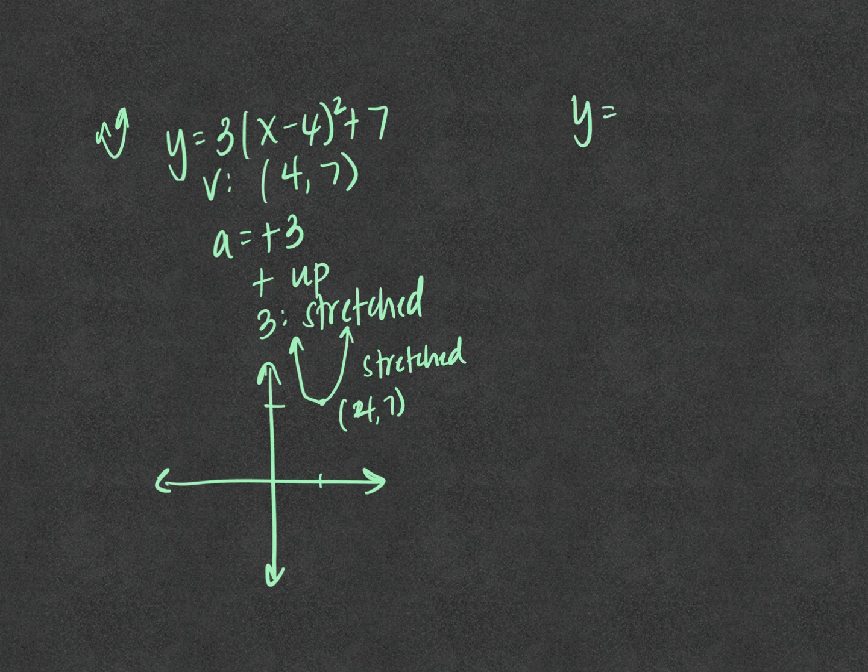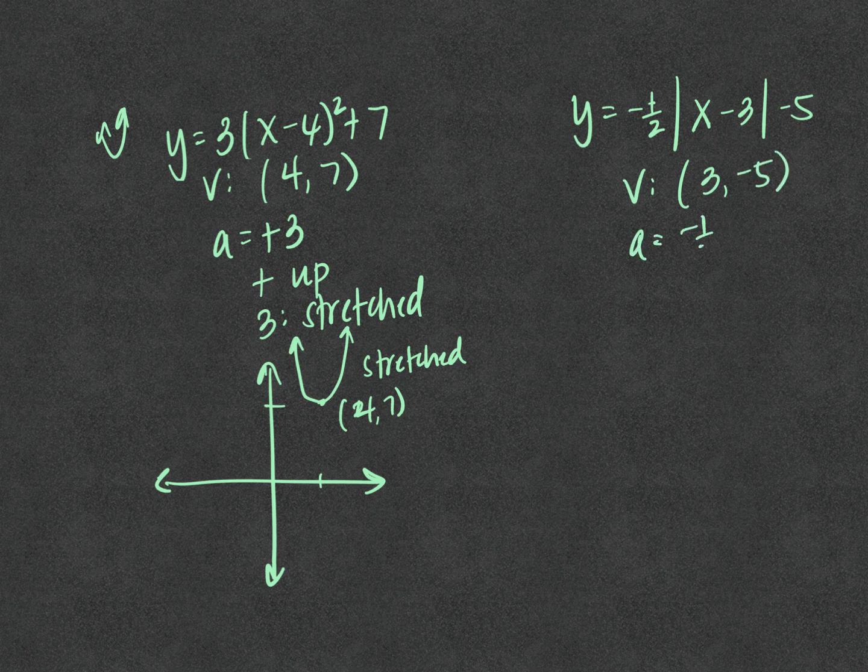Let's say y equals negative 1/2 times the absolute value of x minus 3 minus 5. So we do have a vertex here. Our vertex is at, change the sign of h to be positive 3, keep the sign of k to be negative 5, and then a equals negative 1/2.